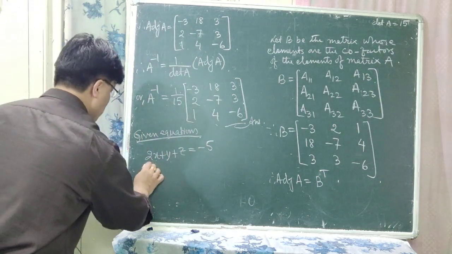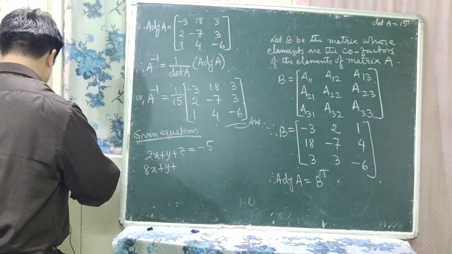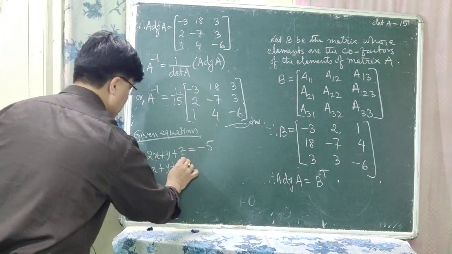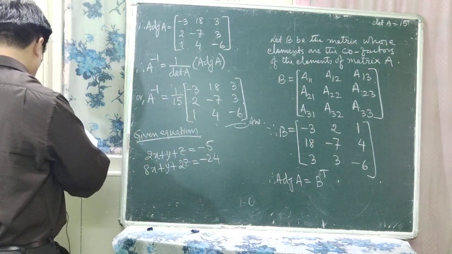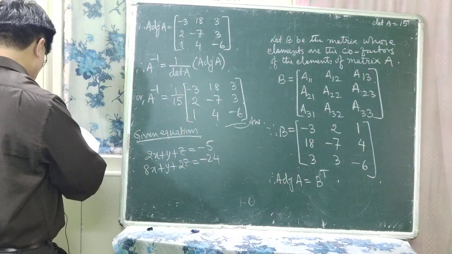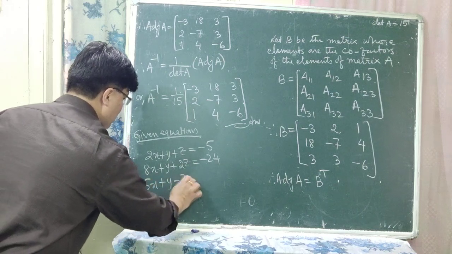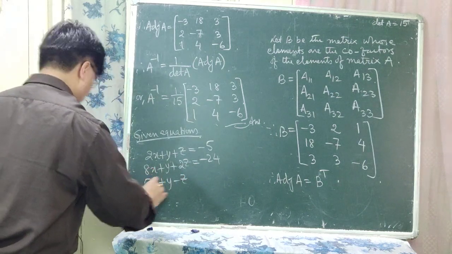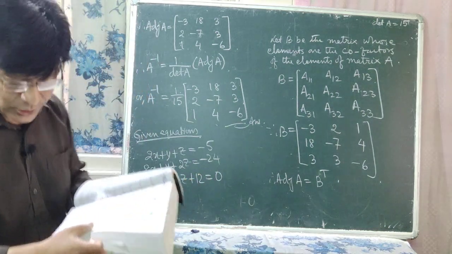The next one, 8x plus y plus 2z is equal to -24. And then 5x plus y minus z plus 12 is equal to 0, right?